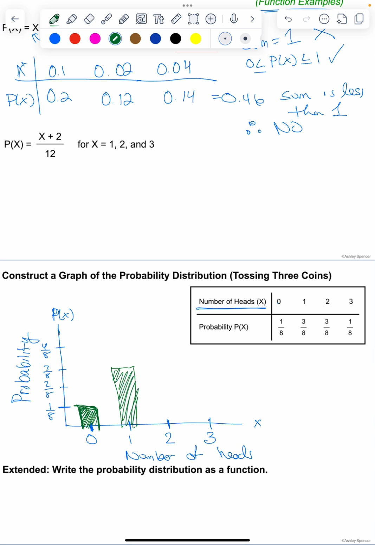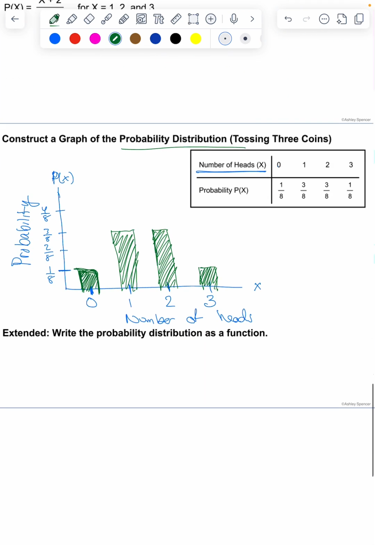Okay, it's not easy for me to draw these straight lines. 2 is also going to be 3/8. And 3 is going to be 1/8. And that is our probability distribution for tossing 3 coins.